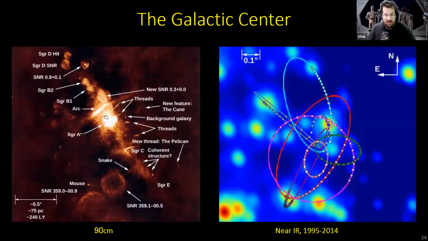And of course, the very, very bright object at the center of the galaxy, Sagittarius A star, which today we understand from other observations here in near infrared to be a black hole, a supermassive black hole. In this image on the right, we don't see Sagittarius A star. It doesn't emit that much near IR, but we can trace stars traveling around it. We can trace stars orbiting the center of the galaxy.